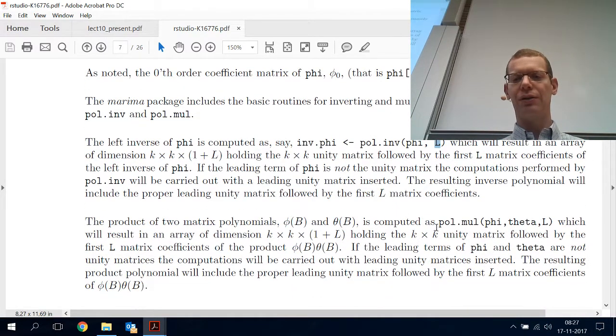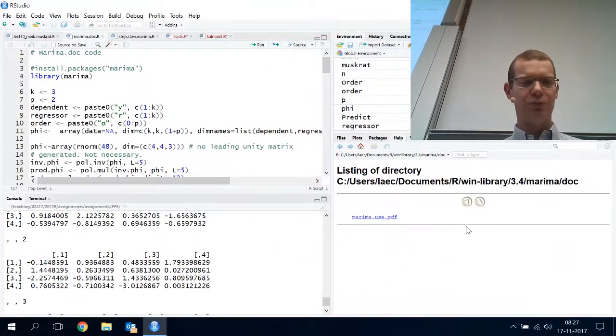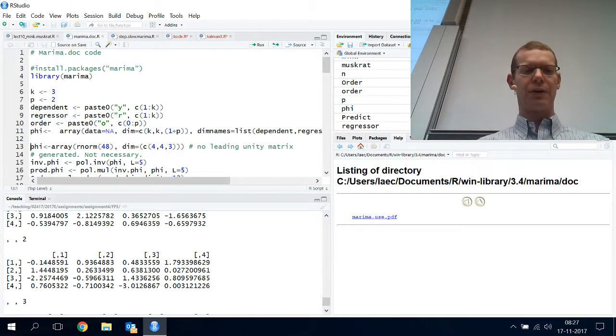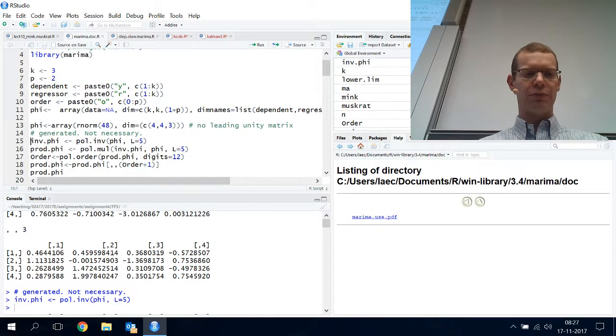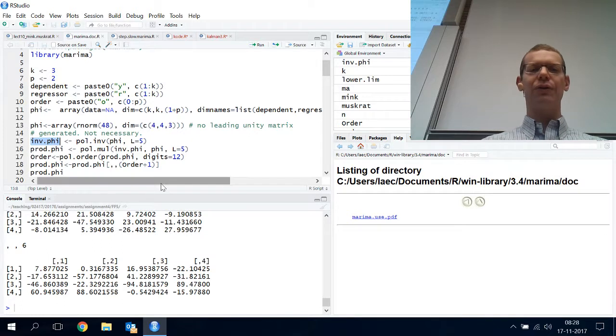And then you can invert polynomials, you can also multiply them. And I think then I'll go back and show you the example. So if I take this polynomial up here, it's a third order model, and invert it. If you look at the inverted one here, I said I want L to be 5.